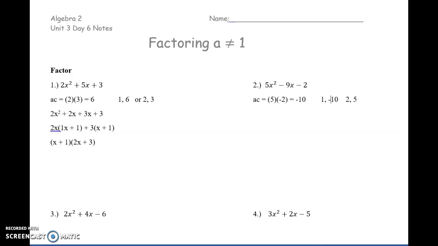So I want to put my negative over here on the 10. Positive 1 and negative 10 make negative 9. So now I have the two numbers that I need, and I'll substitute in. I'm going to leave the 5x squared just like it was, and then I'll substitute in plus 1x, and that 1 is optional. It's understood to be there if I don't choose to write it down, minus 10x minus 2.